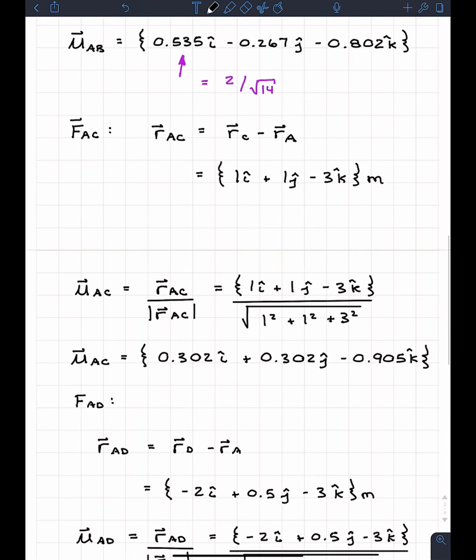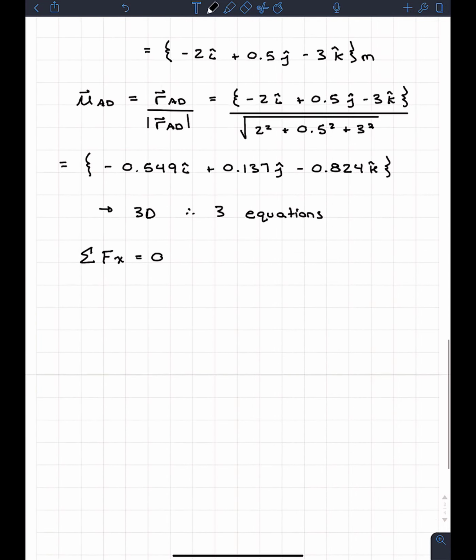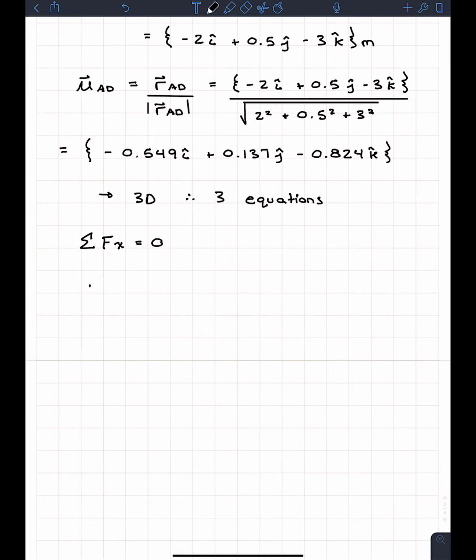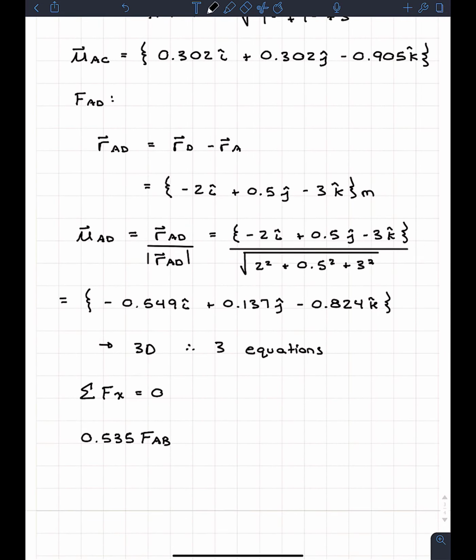So if I go FAB first, for the i, we get 0.535. So what this means is 0.535, then I multiply by that force, so this would be FAB. Now I look at FAC, the i component 0.302.